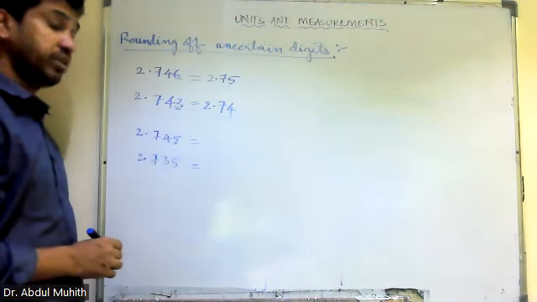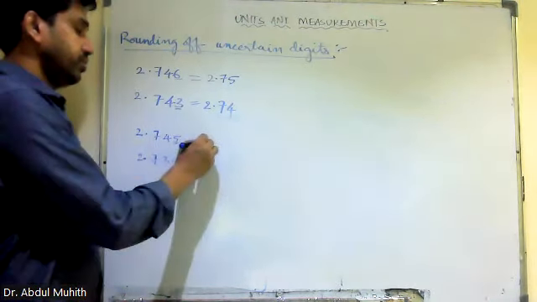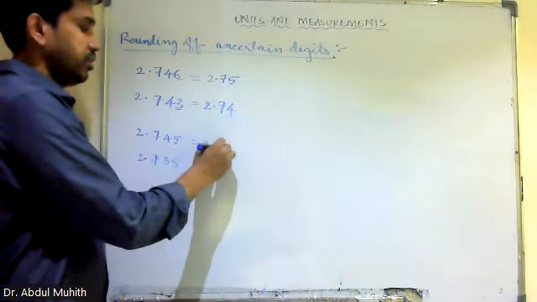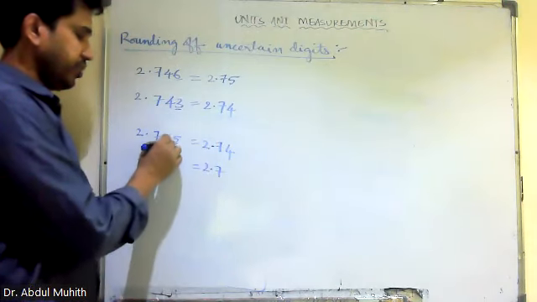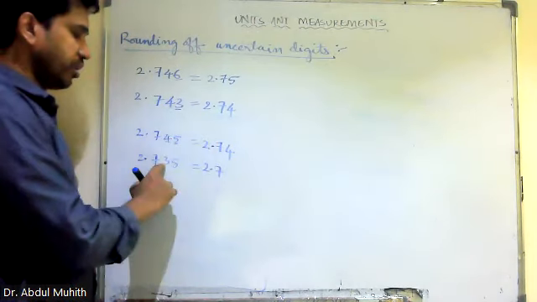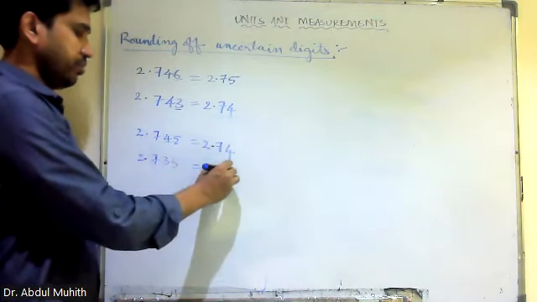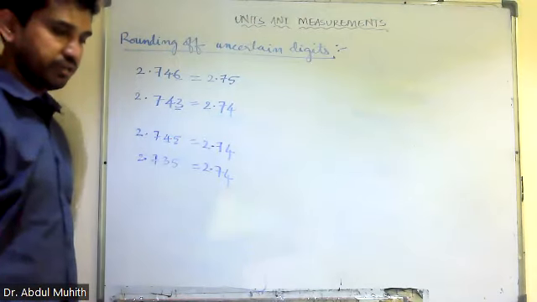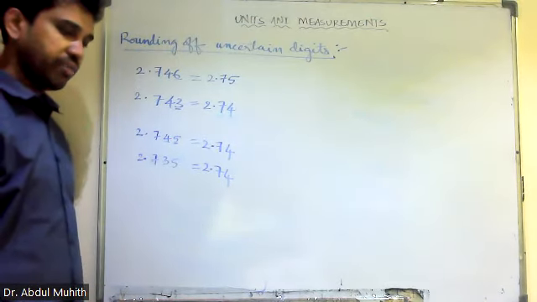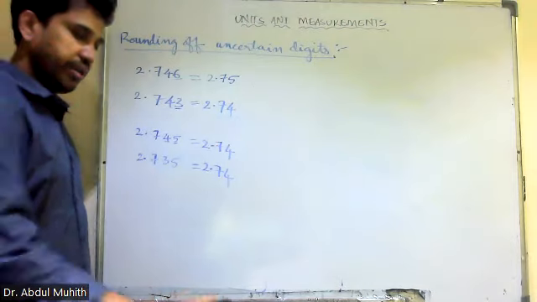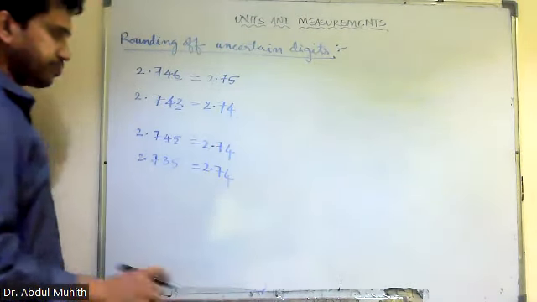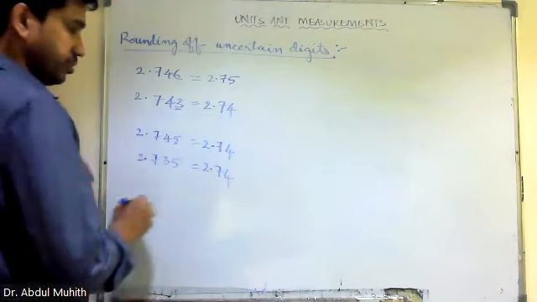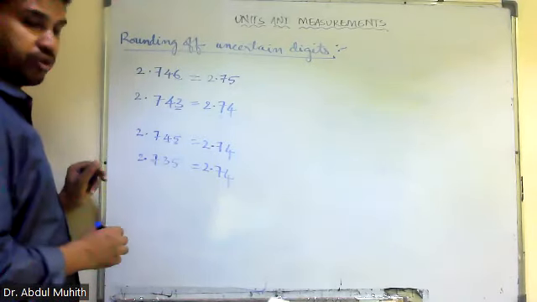In that situation, what do we write? 2.74. If the preceding digit is even, keep it as it is. If it is odd, increment by 1, so 2.735 becomes 2.74. Is it clear? Yes, sir.